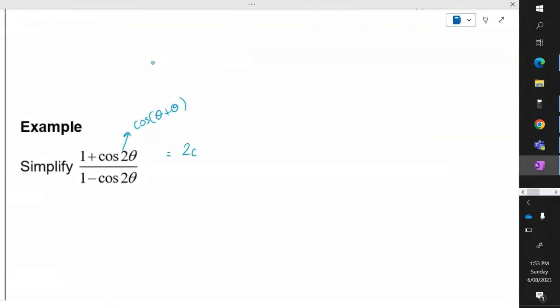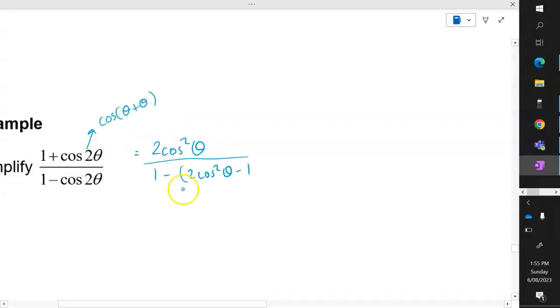On the bottom line, 1 minus cos 2 theta. Let's go back up and have a look at what that's going to be equal to. So I've just popped a direct substitution on the bottom for the cos 2 theta, which is 2 cos squared theta minus 1, and I've got 1 minus that. I've already simplified the top line.